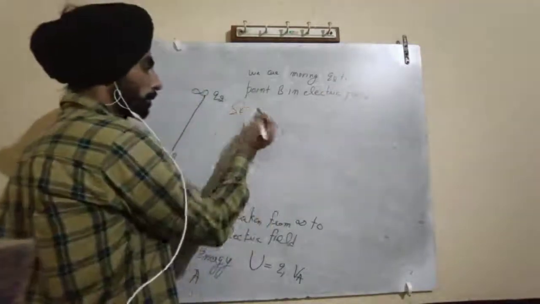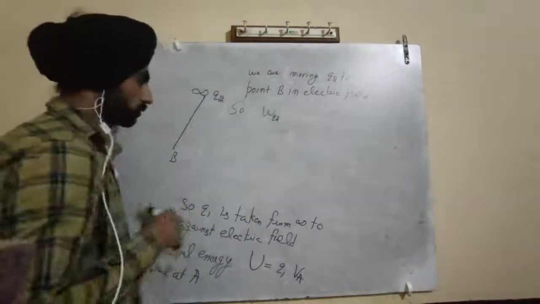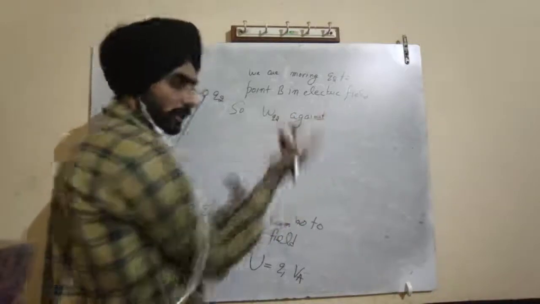So work done on Q2 against the electric field will be, work done means potential energy.